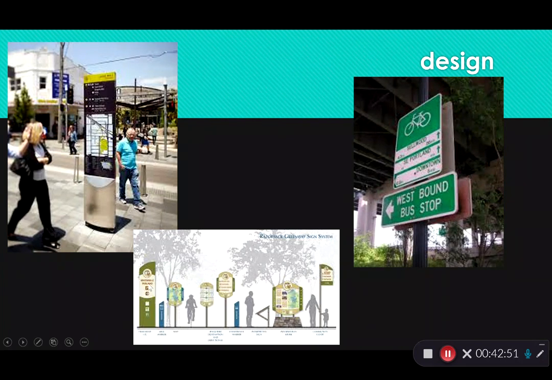Because cars are moving faster, they have less time to analyze and assess signage, so you want to keep the message simple, keep it big and easy to see. Whereas for pedestrians, you can put a ton of information, because again, they're walking slowly and they're going to take more time to look at the map, read the notes, see what's going on. So you want to have good signage, good wayfinding to ensure that people can find their way around.